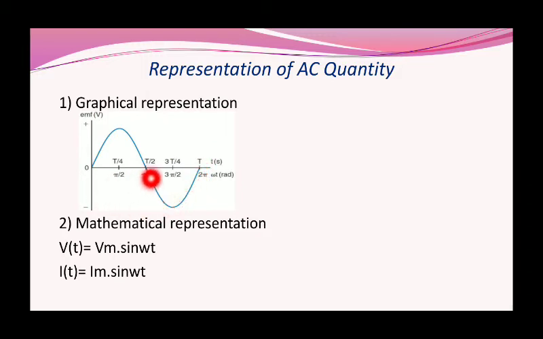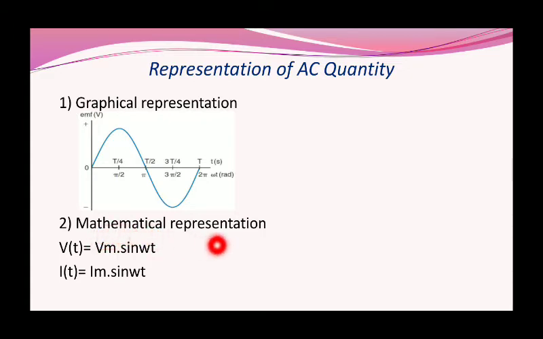For half cycle it is 10 millisecond, and till this instant it is 5 millisecond. So we can put here time equal to 5 millisecond. So in this way we can calculate a voltage or current at any instant.